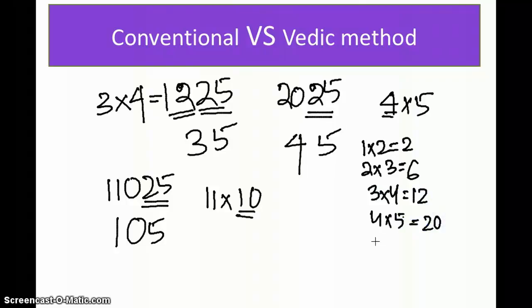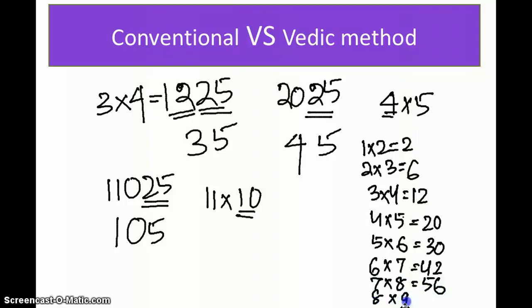I'll tell you why I am doing this. 5 into 6 gives me 30, 6 into 7 gives me 42, 7 into 8 gives me 56, 8 into 9 gives me 72, and 9 into 10 gives me 90.